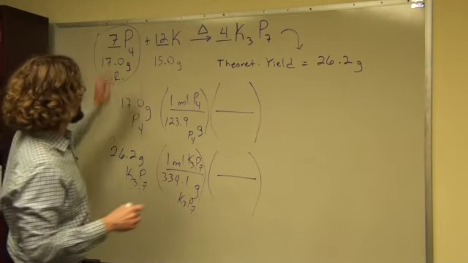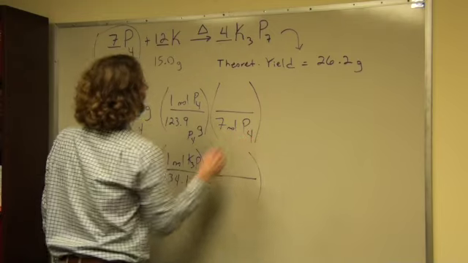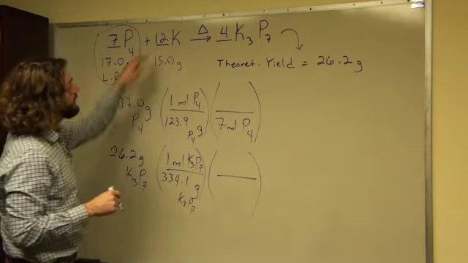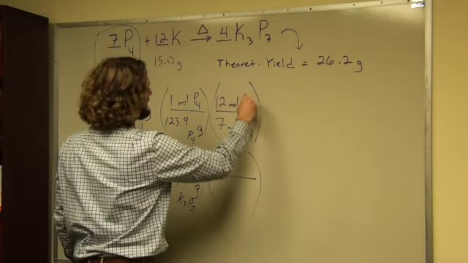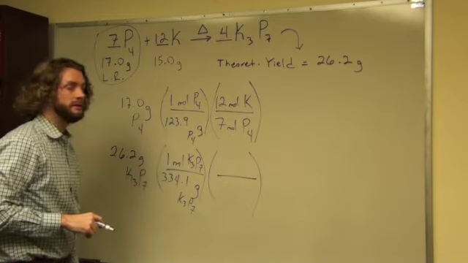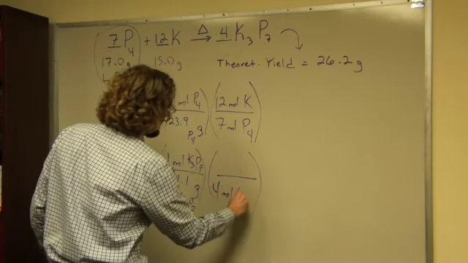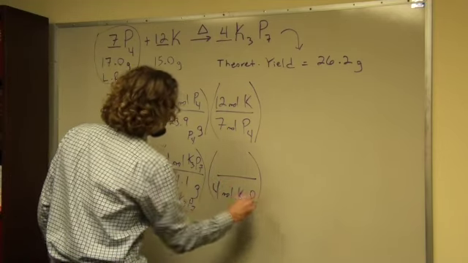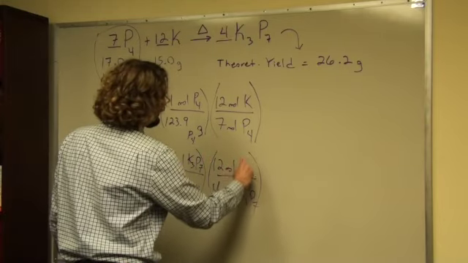So for P4, there's 7 moles of P4 that are going to be used up, along with 12 moles of potassium to be stoichiometric, and there's going to be 4 moles of K3P7 used up exactly with 12 moles of K, right?